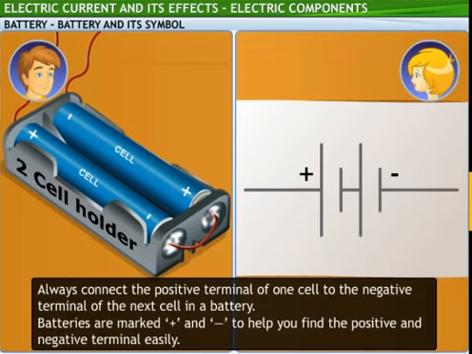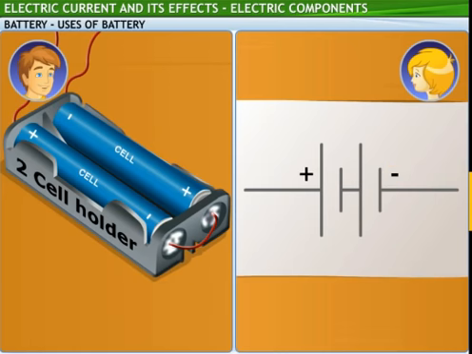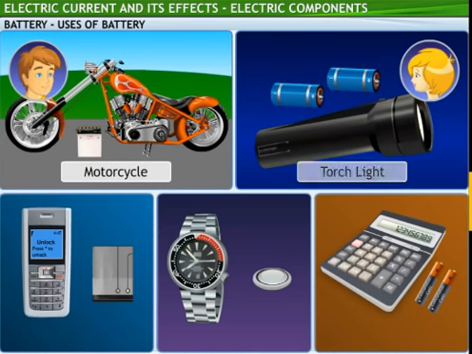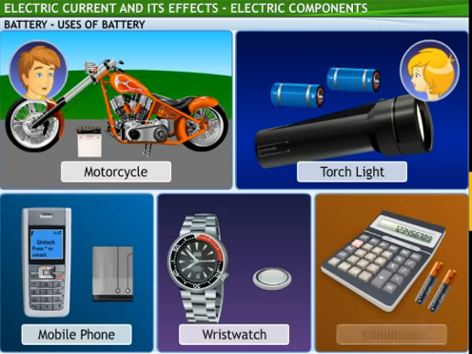That's why the symbol for a battery has the long lines, each showing the positive terminal, and the short lines, each showing the negative terminal of a cell, alternately drawn one after the other. That's absolutely right. We use batteries in many devices such as motorcycles, torchlights, mobile phones, wristwatches, and calculators.